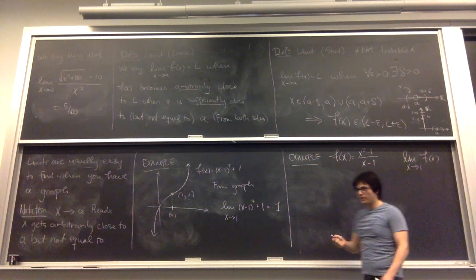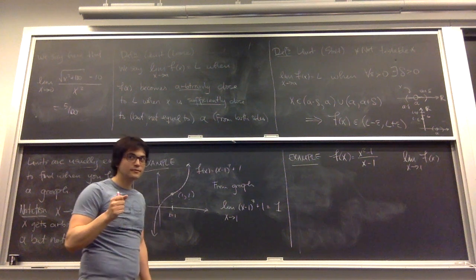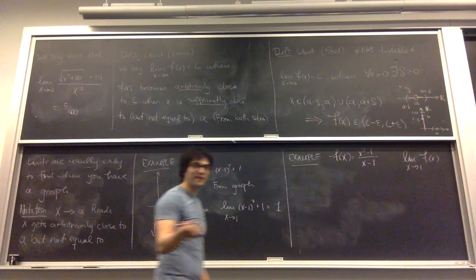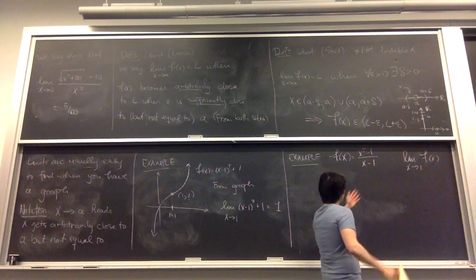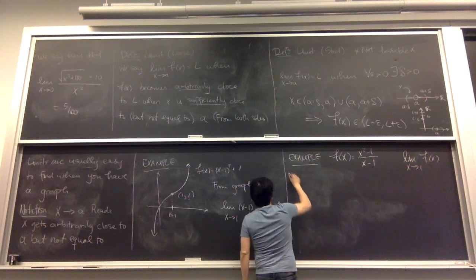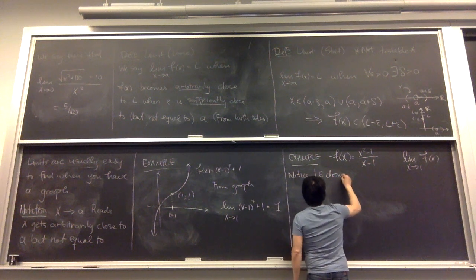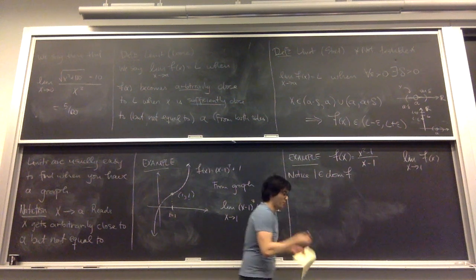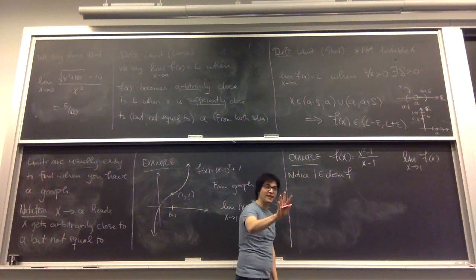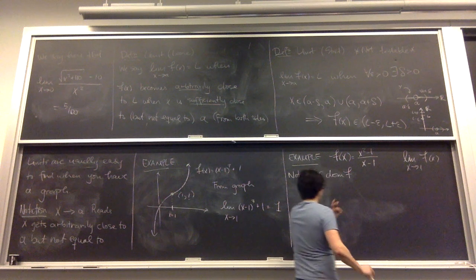First of all, tell me what f of 1 is. Undefined, because it's not included in the domain. I'm not asking you trick questions. You have to look at this and immediately say, notice 1 is not in the domain of this function, so we can't evaluate it. But that's okay, because the limit doesn't actually ever set x to 1.